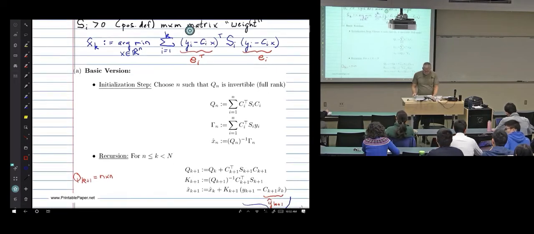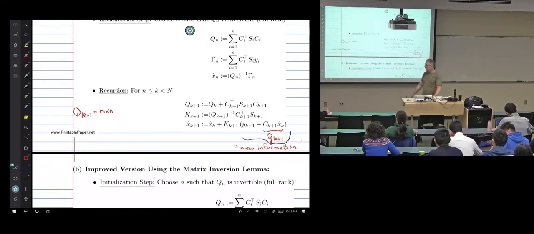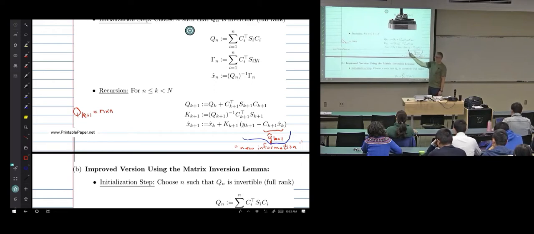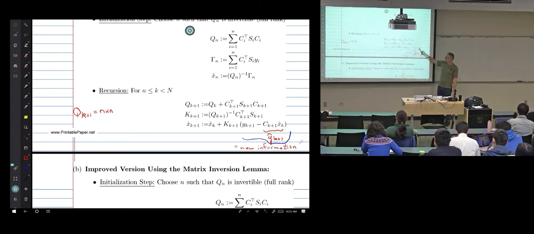And then a better way to do it would be, look, I've already solved the problem at time k. I get a new measurement. I can predict what I think this measurement would be based upon my last x. So this would be my guess at the measurement given the previous one, because x is constant in RLS. It's not moving.